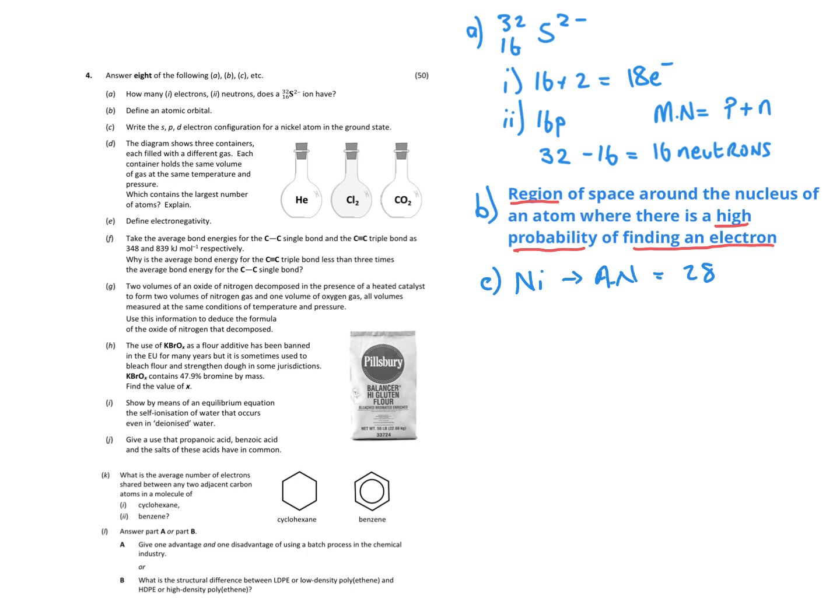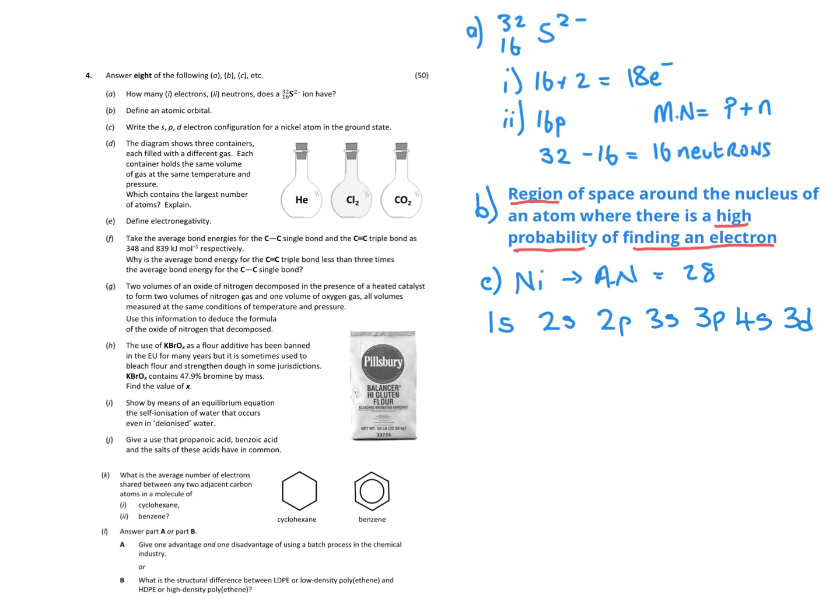Our order of atomic orbitals is 1s, 2s, 2p, 3s, 3p, 4s, and 3d. So that will be the order of the atomic orbitals. Now we're probably not going to fill all of them, but let's have a look.